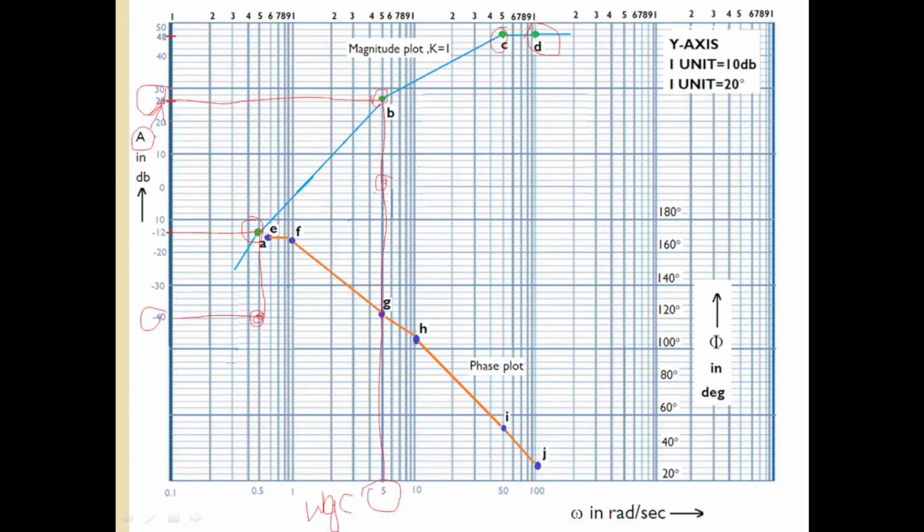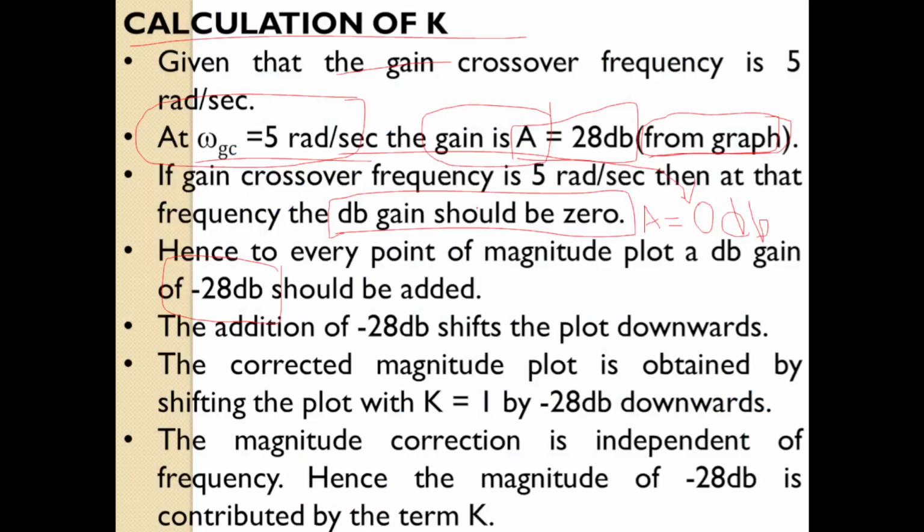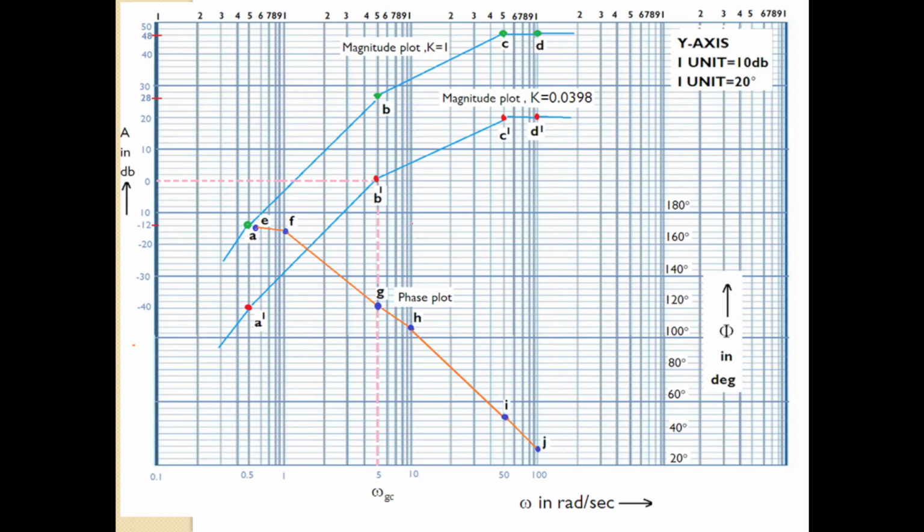Similarly, C and D are at plus 48. 48 minus 28, what do you get? 20. So at 20, no need to draw a line. These two are my points. Now I will show you the graph. This is it. Just check the difference.